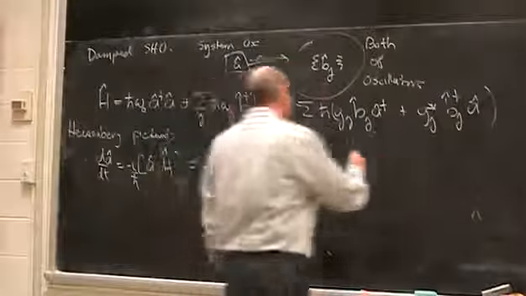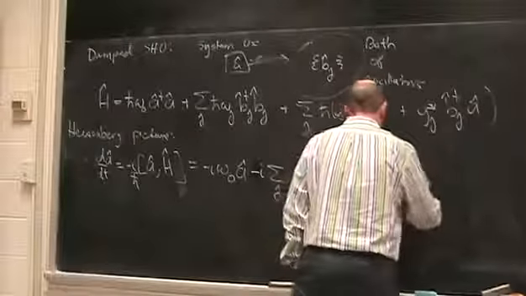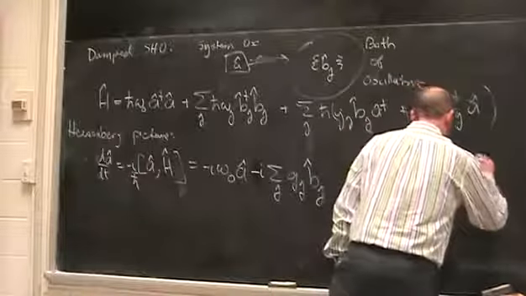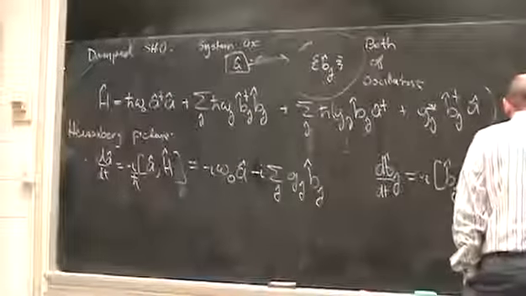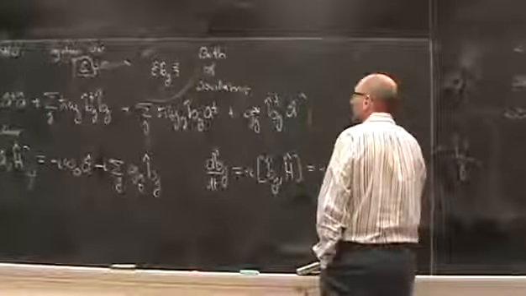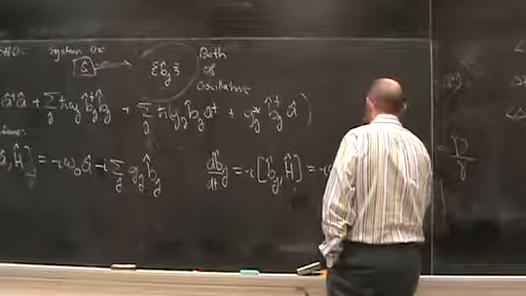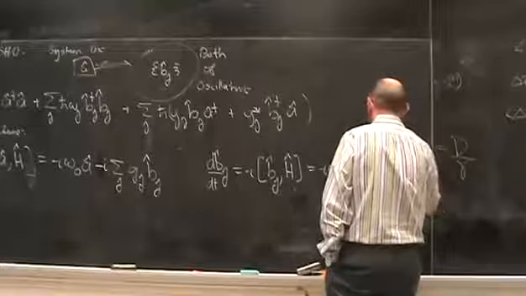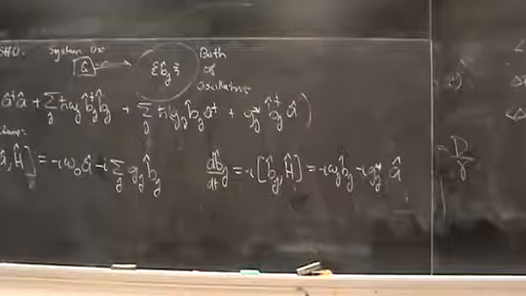And the bath oscillators evolve in time. I get the free evolution of each oscillator, and then I get minus i g_j star a. Okay?